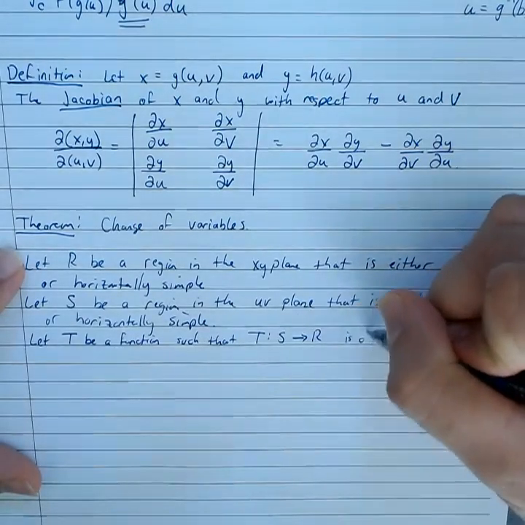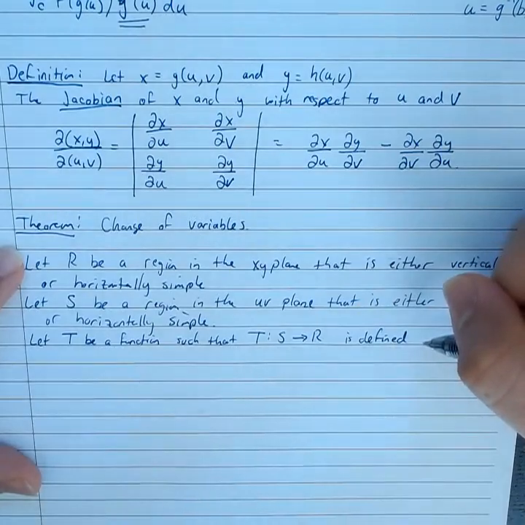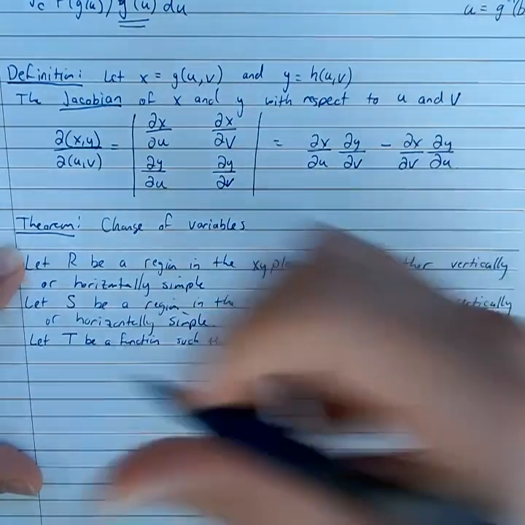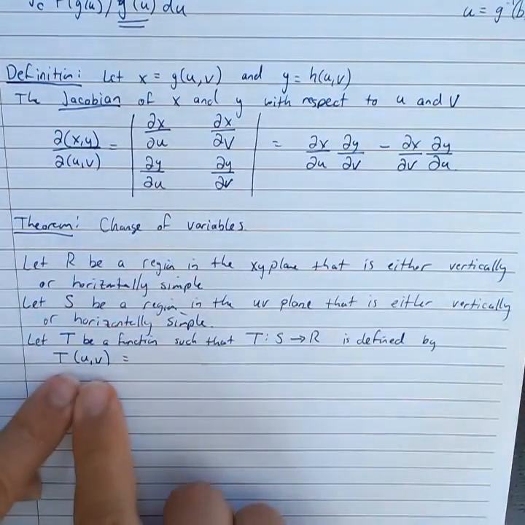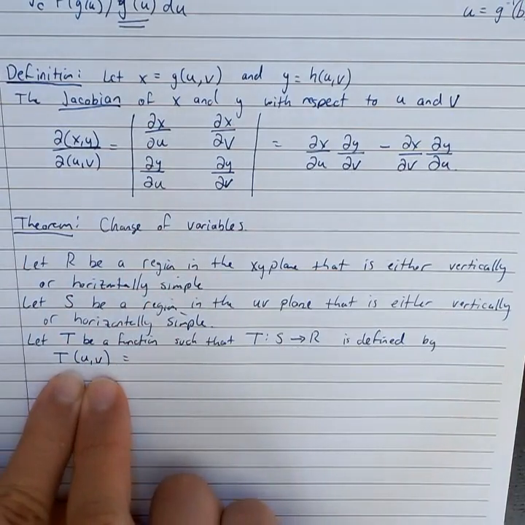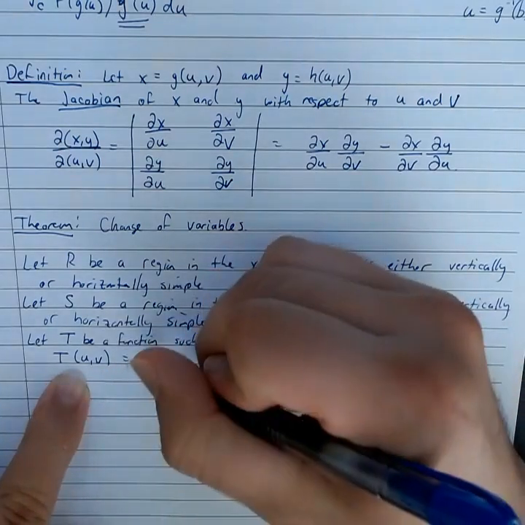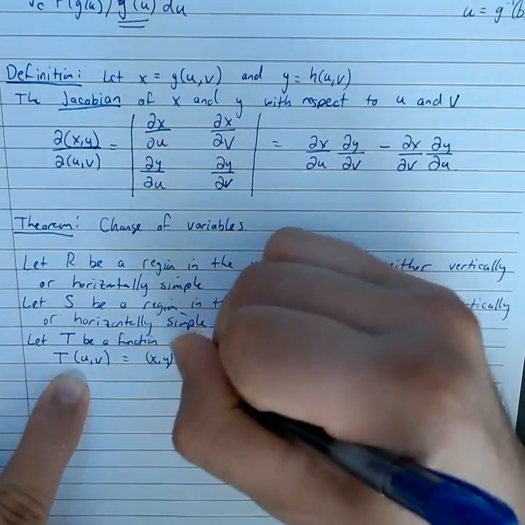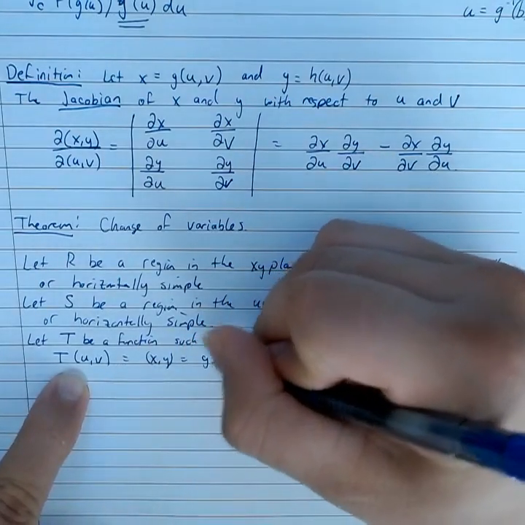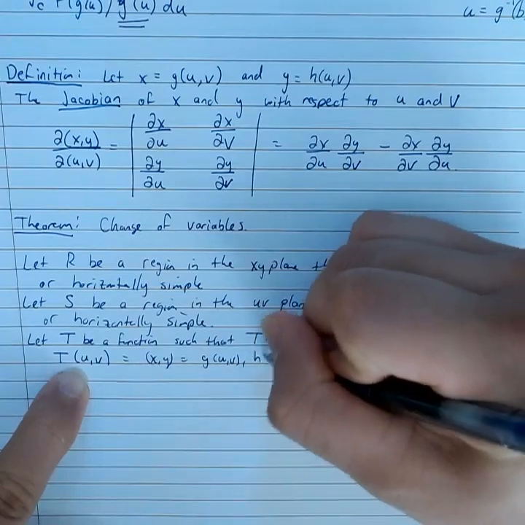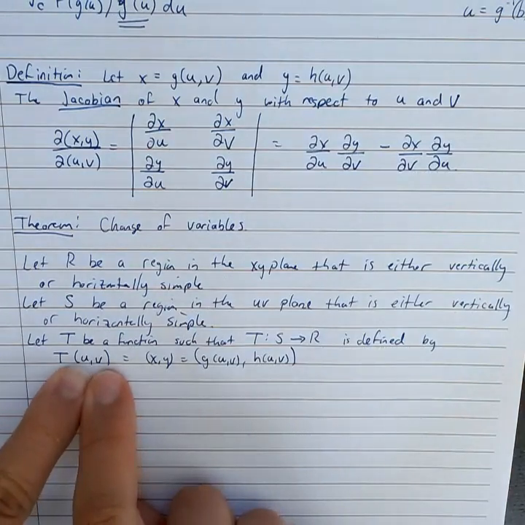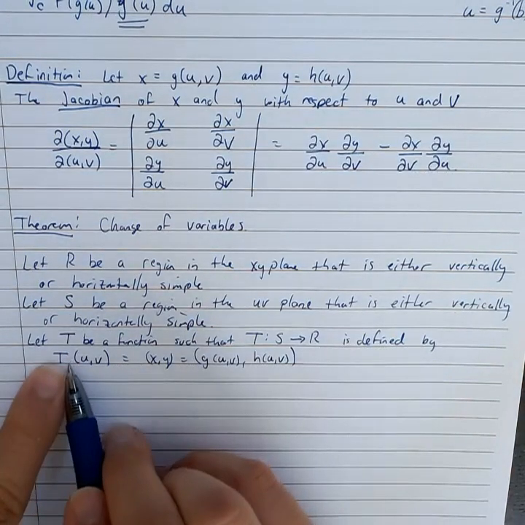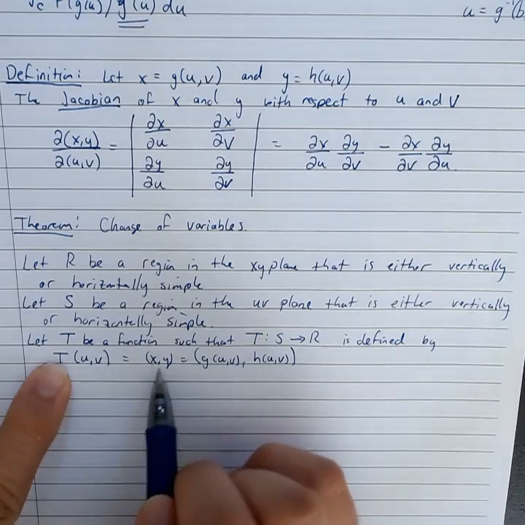It is defined by T of u comma v. But since, again, u and v, we're going to consider these functions of variables in our other plane. Here that's going to be x comma y, which is really given by g of u v comma h of u v. Or in other words, you start with a point in the uv plane, you apply the function, and it gives you a point in the xy plane.